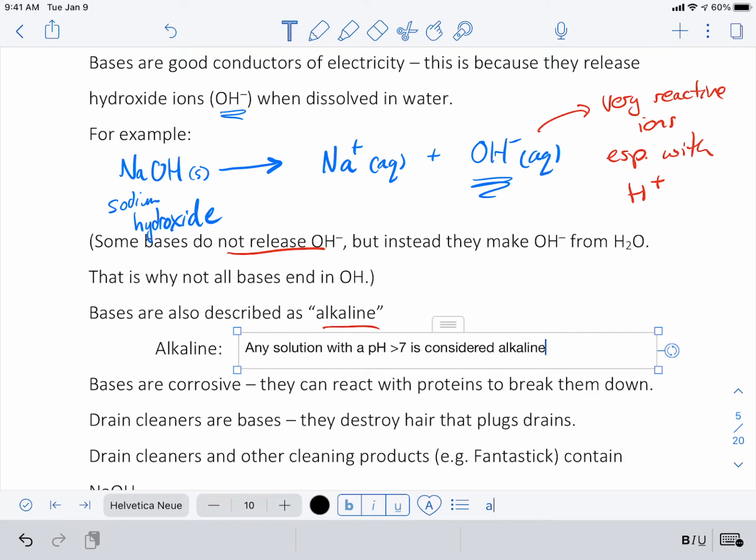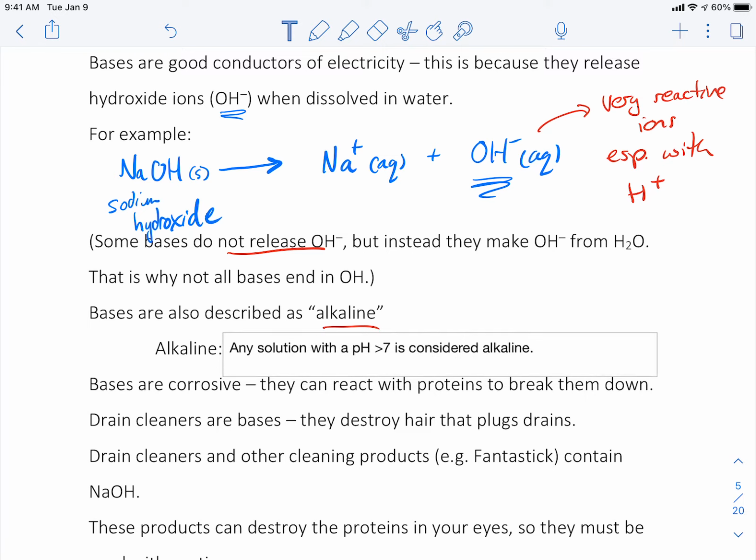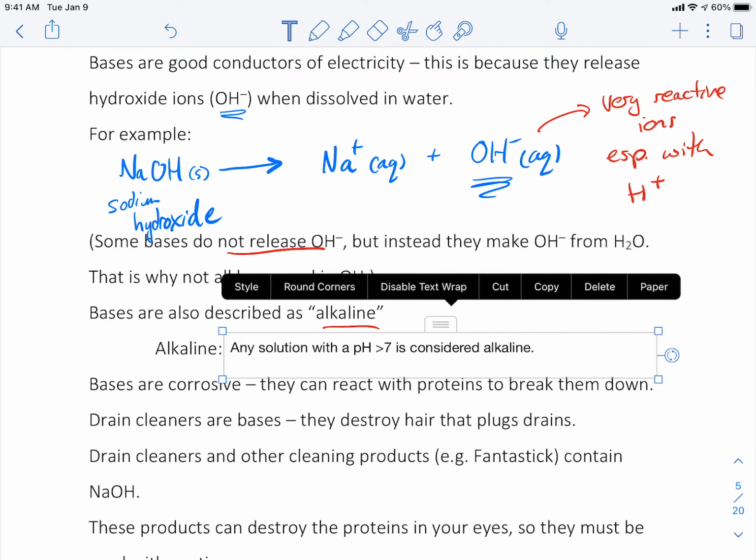And this is typically the result of adding certain types of salts and things. So we will discuss how basic is defined by this same definition in a second.